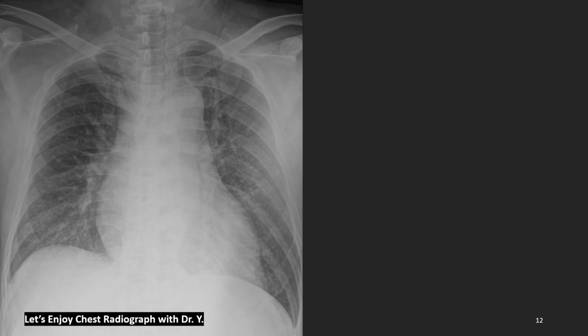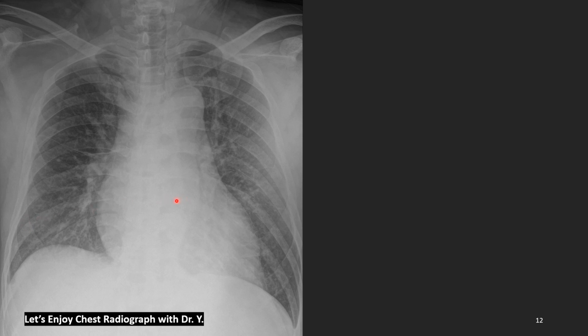Let's enjoy a couple of images about congestive heart failure. Just enjoy and try to find out what findings these people have. First case. Yes, big heart, accentuated fissure, Kerley B lines.